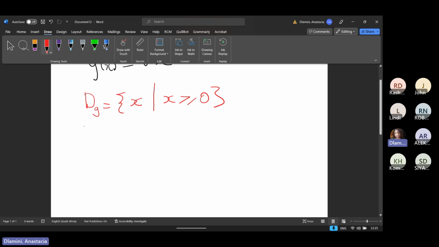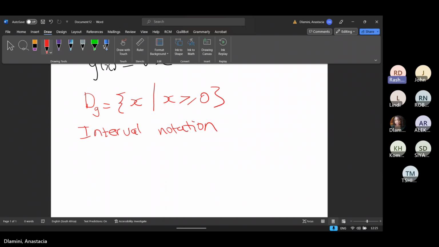Give me the interval notation. I want you to know all the notation. What will be the interval notation of this one? From 0 to infinity.